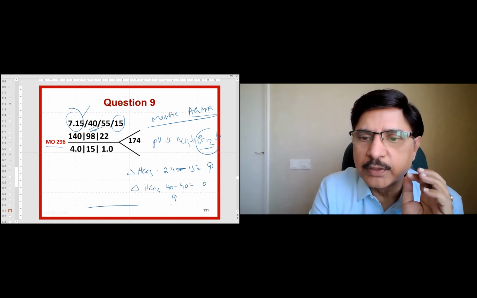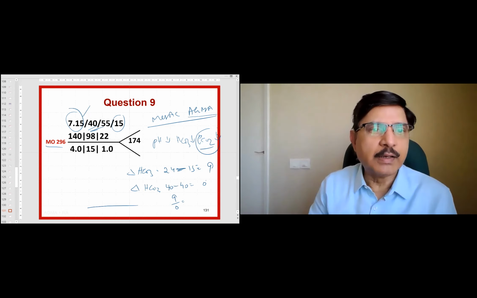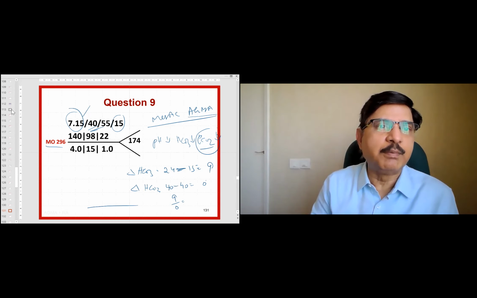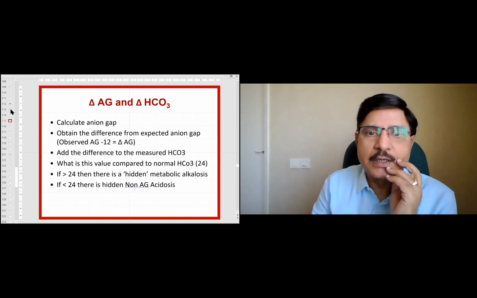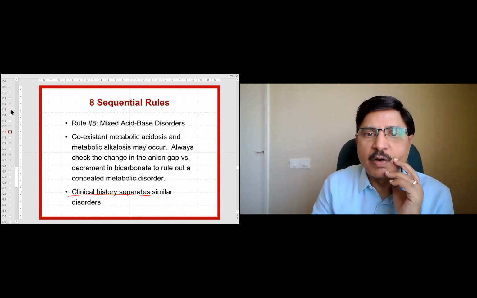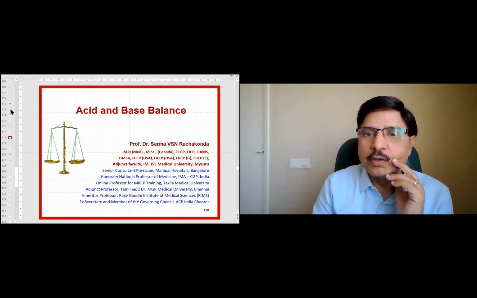So 9 by 0, we cannot take anything. So where are we with that chart? That is because there is a mixed disorder. The compensation is not correctly working as per your formula.